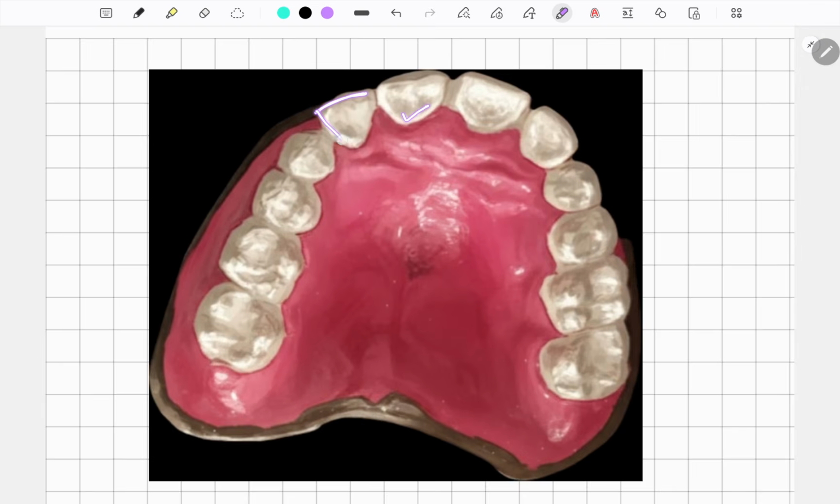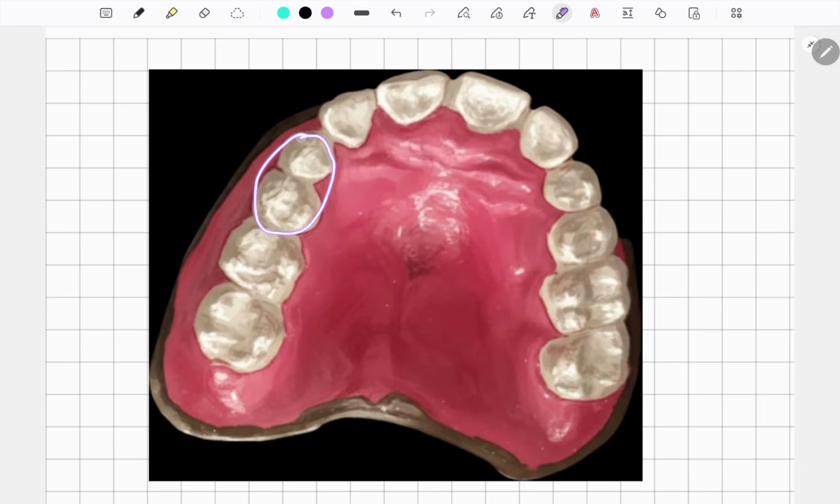Same over here. In some casts, mamelons will be present, then that is definitely a permanent tooth, because mamelons are always present on newly erupted permanent teeth. Over here I can say, because of the mesiodistal width of these teeth, that these 4 are permanent teeth.